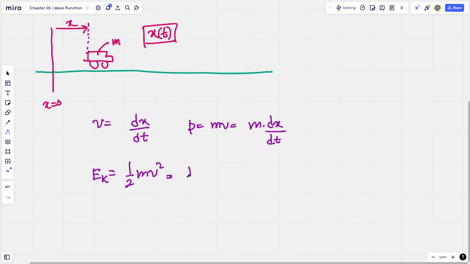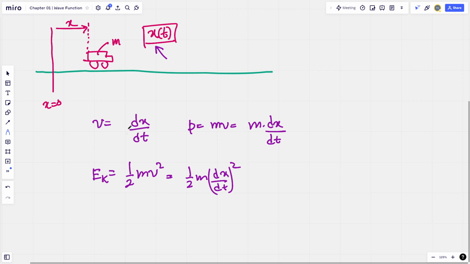Since we know v as a function of x, we can write this as half m times (dx/dt) squared. So if we know this position function, we can derive any other parameters related to the motion of this object using that function.